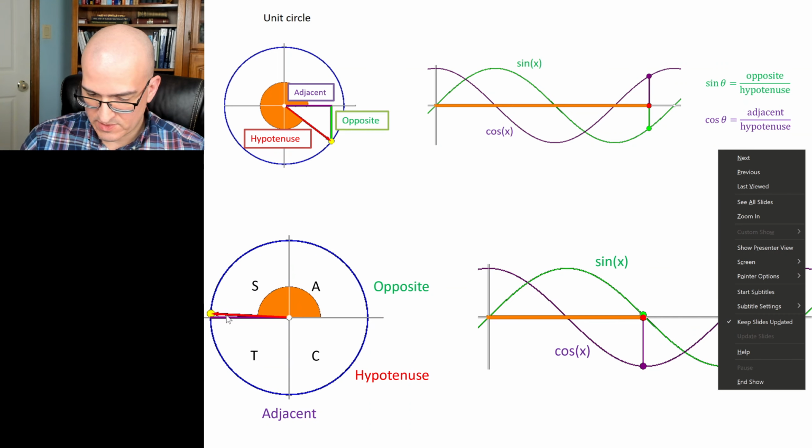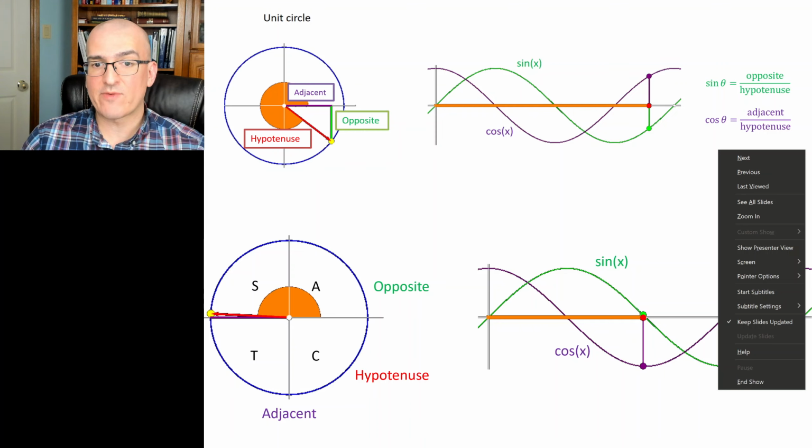You can see that this hypotenuse and the adjacent are almost overlapping. So if you take something that's almost as long as something else and you divide them, you're going to get something close to 1. In this case, you have a negative quantity divided by a positive quantity, and the magnitudes are almost the same, so you're going to get something very close to -1.